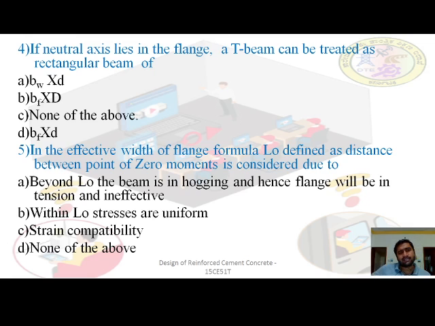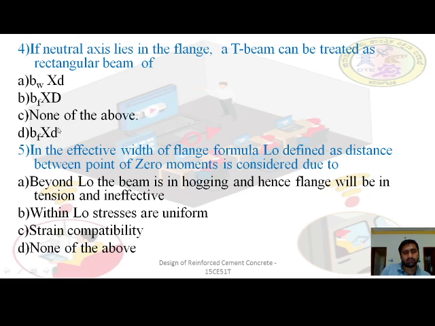If the neutral axis lies in the flange, a T-beam can be treated as a rectangular beam of BW, the width of the web into the depth? Is it correct? No. Width of the flange into the D. None of the above.